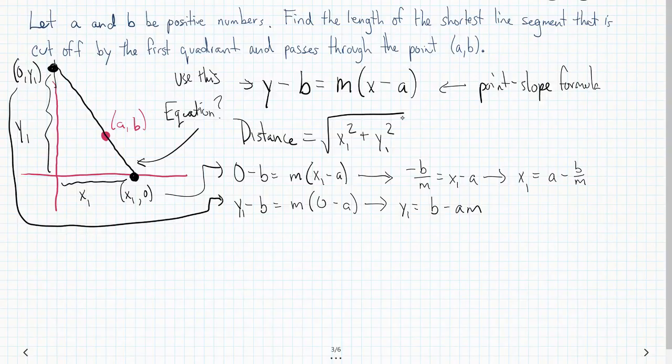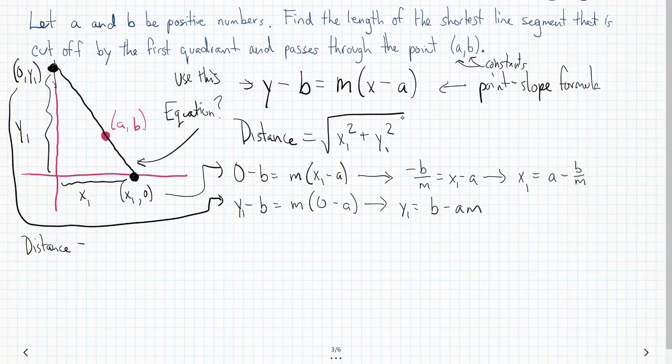Okay, whoopity do, right? So when you look at this, what do we do with all this? Well, we have that distance. Remember, a little side note here, a and b are constants, so this looks scary, but basically our variable is m.